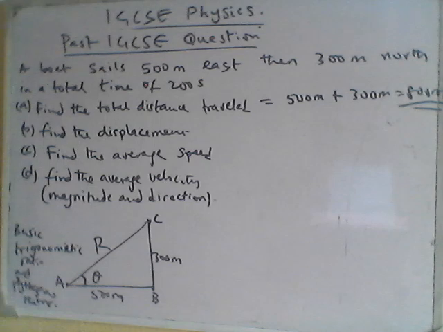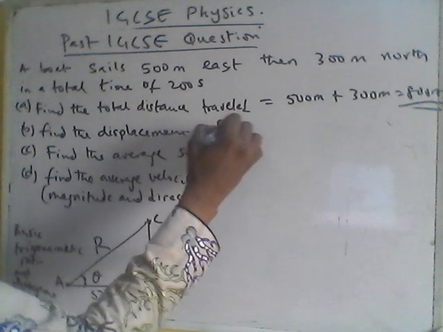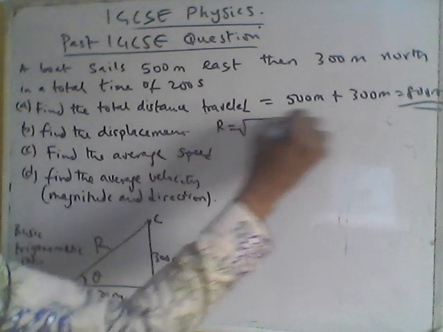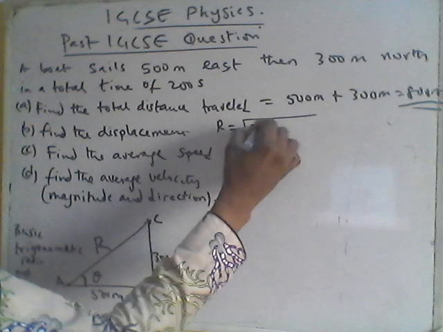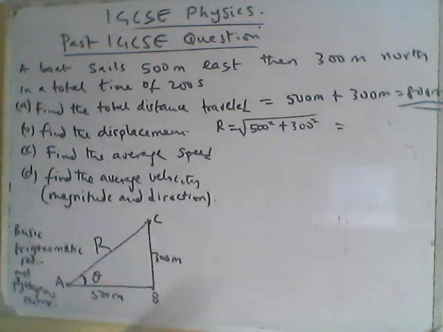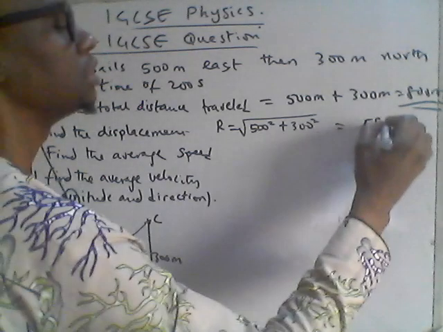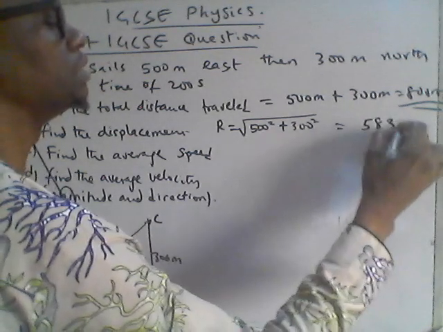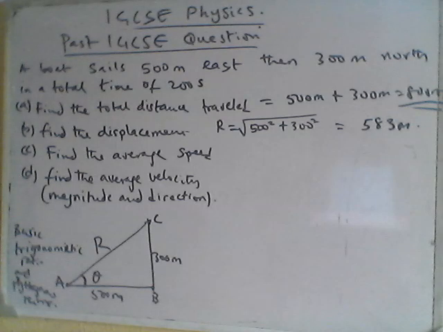So R distance is equal to the square root of 500 squared plus 300 squared. By the time I compute this, I'm going to get 583 meters. That is for the displacement. But there is an angle.